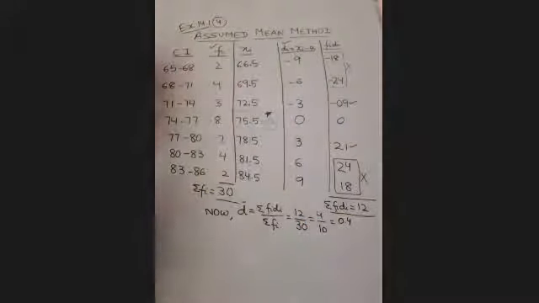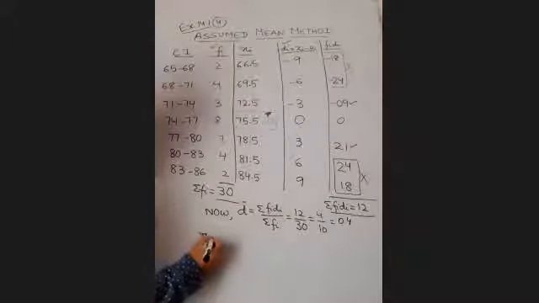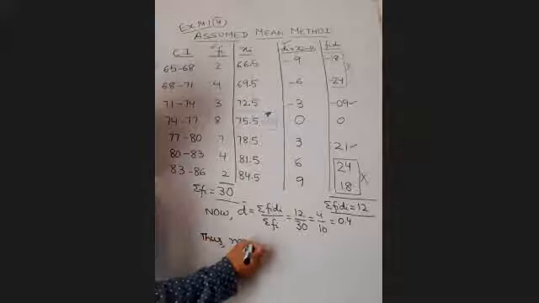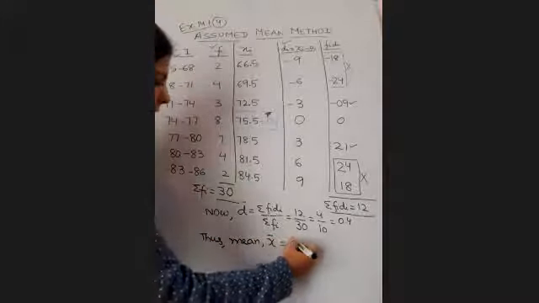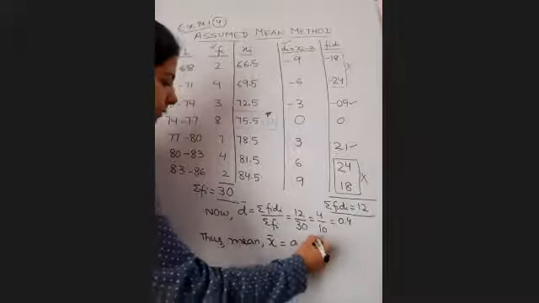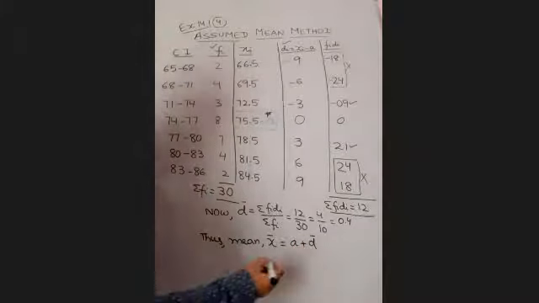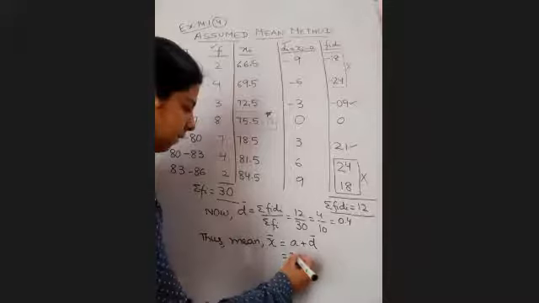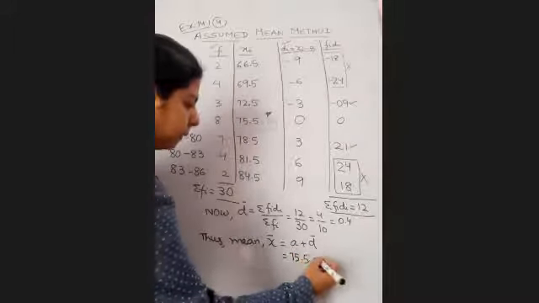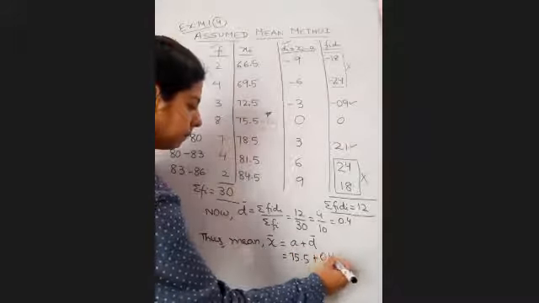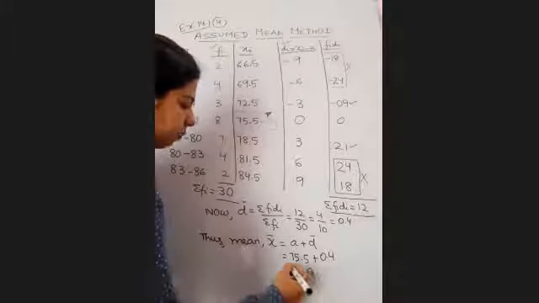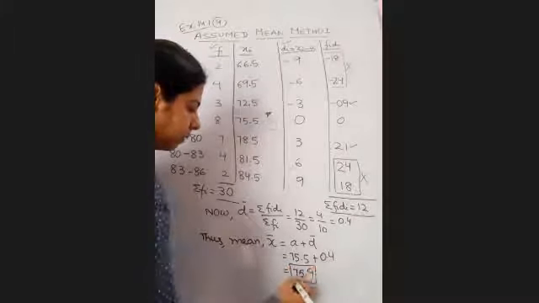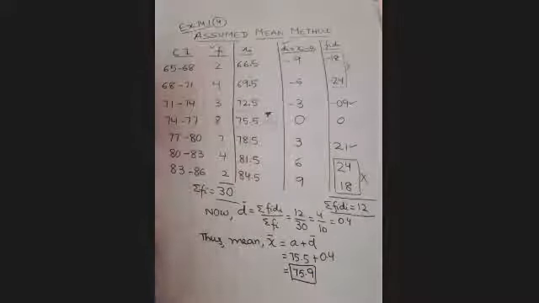Thus the mean, which is x bar, is a plus d bar. Your a is 75.5 plus 0.4, that makes it 75.9. Clear?